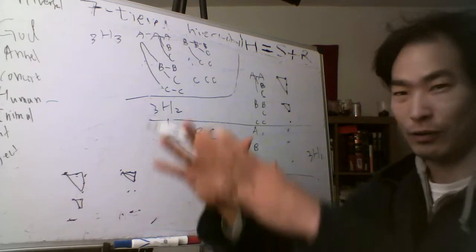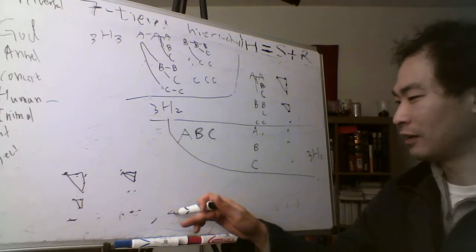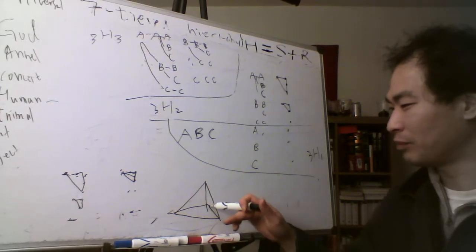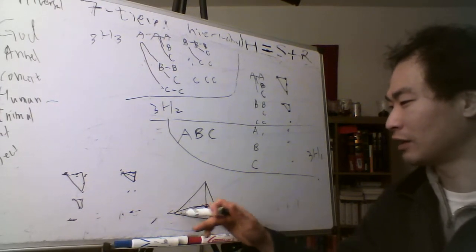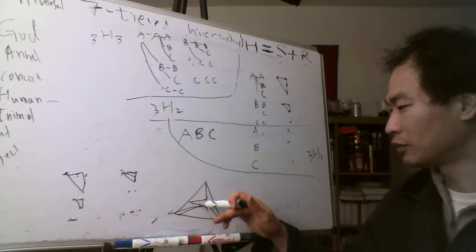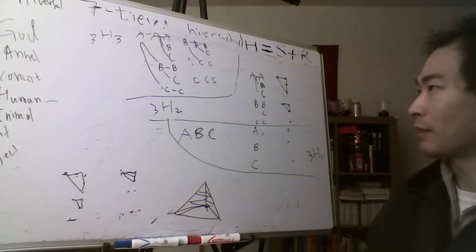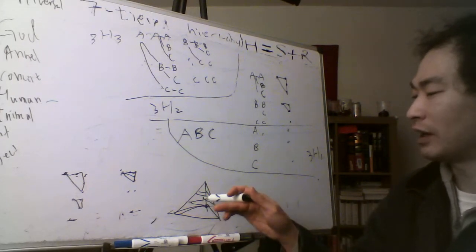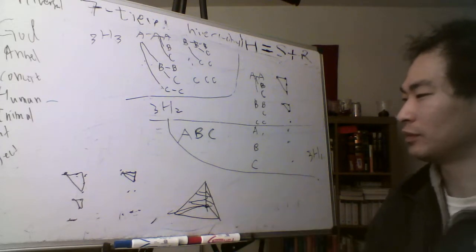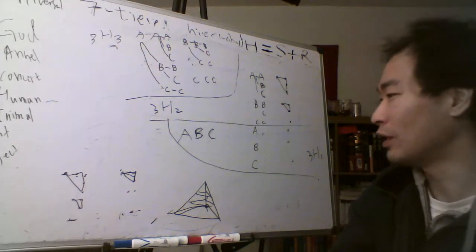It gets narrower and narrower, kind of like a polyhedron. This pyramid has a triangle at the bottom, then a smaller triangle, and a smaller triangle, and you can build this pyramidal shape using this H.